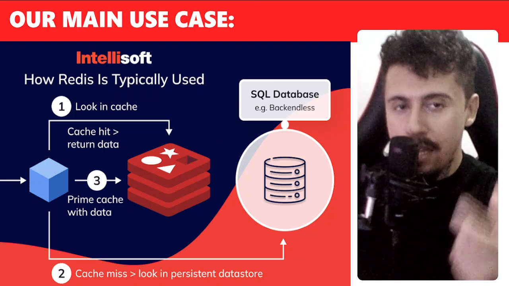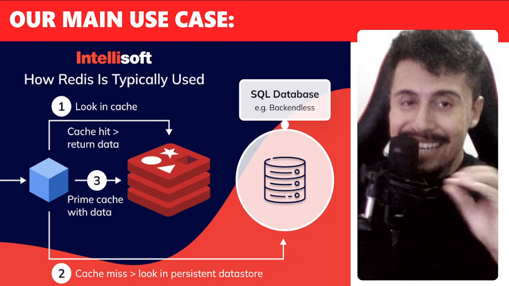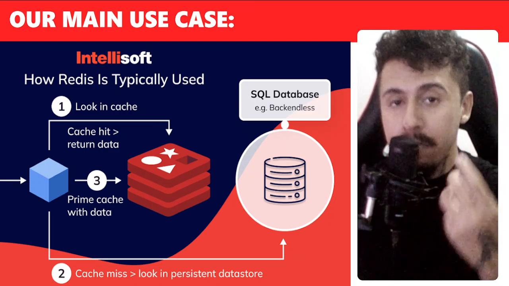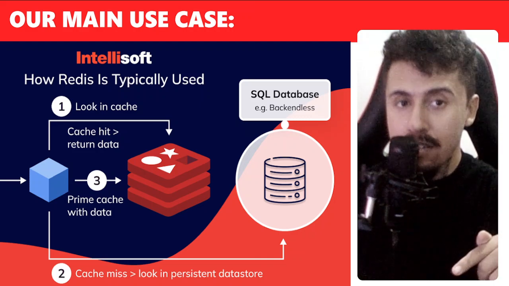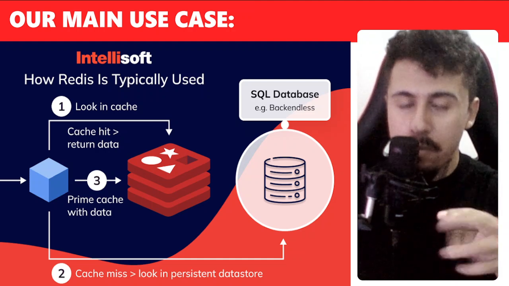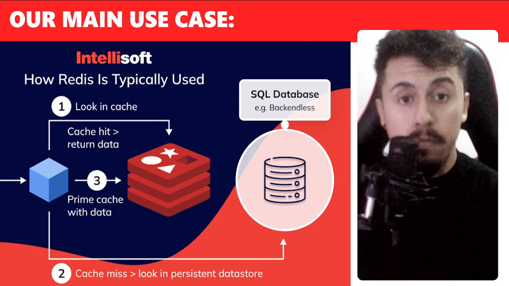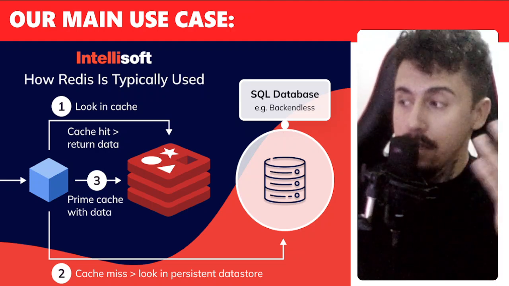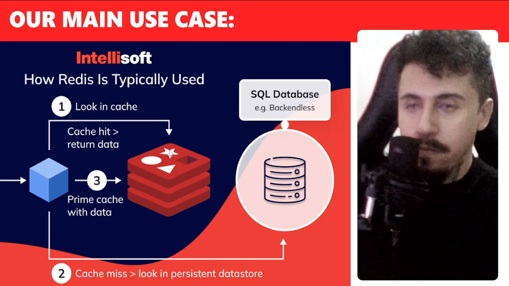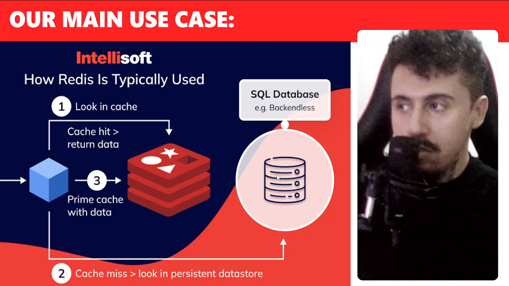The Redis database is just a database in the memory. The caching layer is one solution that we can implement using Redis, and it's not the only one. We can use Redis to implement other solutions, as I told you before, but the most popular is the caching layer. So we look in the cache instead of looking into the database.